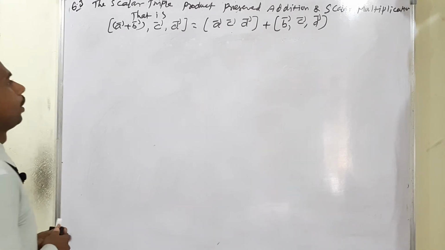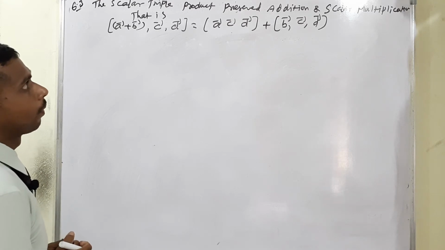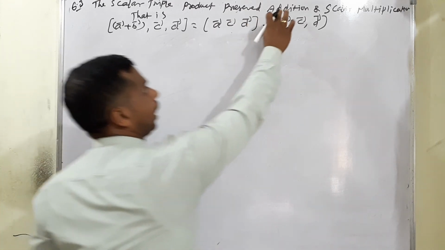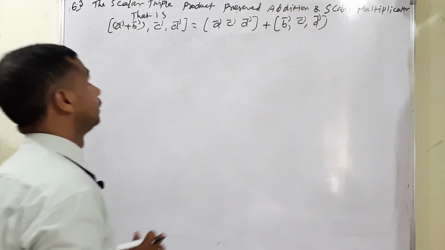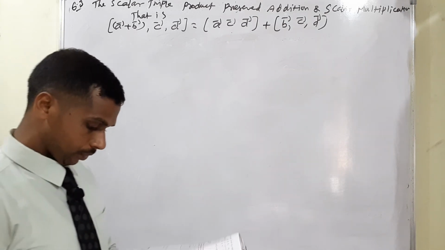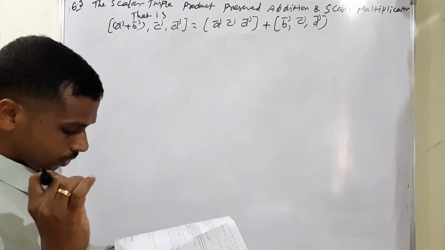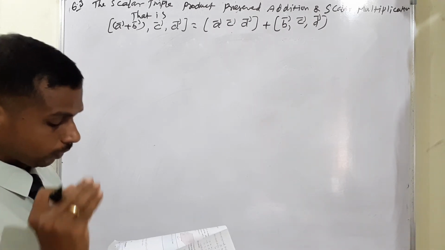Continuation of theorem 6.3. The main term: the scalar triple product preserves addition and scalar multiplication. They have given six different categories in your book, isn't it? If you do the first one, third one and fifth one, it is the same concept.